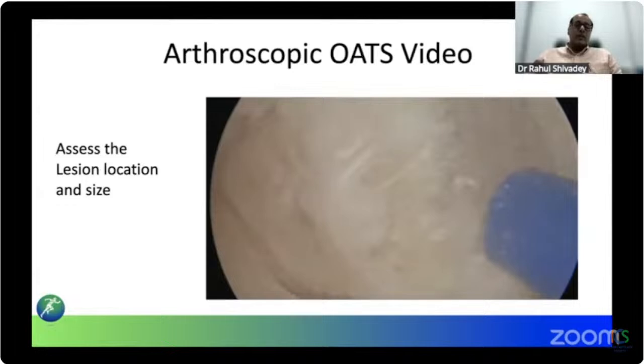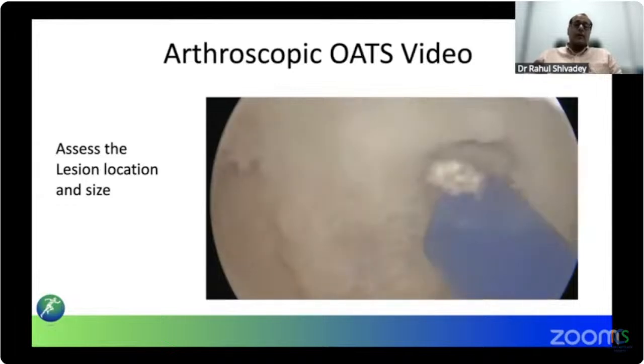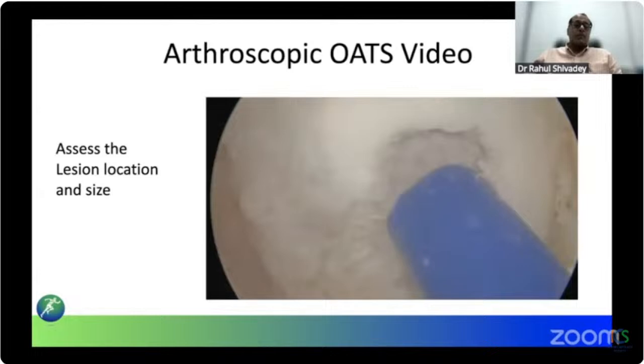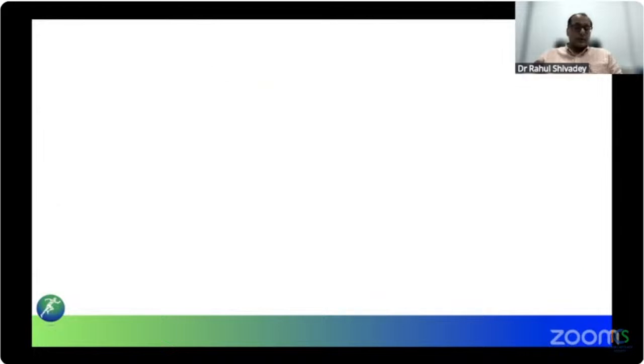We can use this bony tamp, or even the harvester, to make a map as to how many plugs you'll require and what size of plugs. Again, all this is arthroscopic, so you need to flex and extend the knee, adjust your scope, and have a 360-degree view of the coverage that you're going to get.